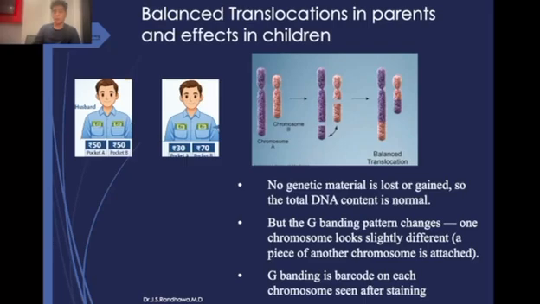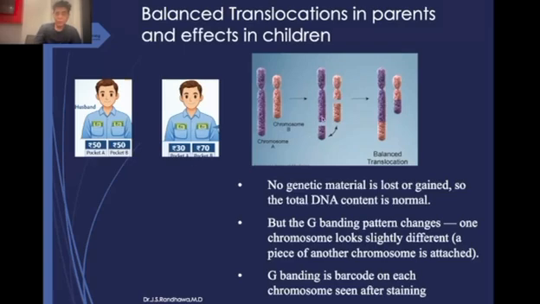Now, many times there is translocation, where part of a chromosome breaks and joins another chromosome. Now, translocation is picked up well on karyotyping. Now, such a translocation may be balanced. What do you mean by balanced?